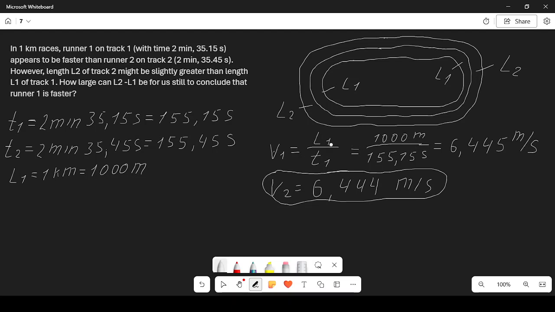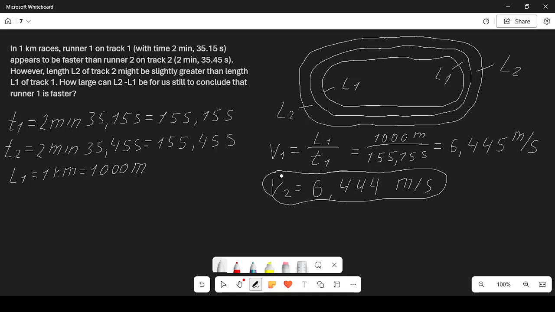Okay, so we know this maximum allowed speed for runner number 2, for us to consider this runner the fair winner, the fair champion.